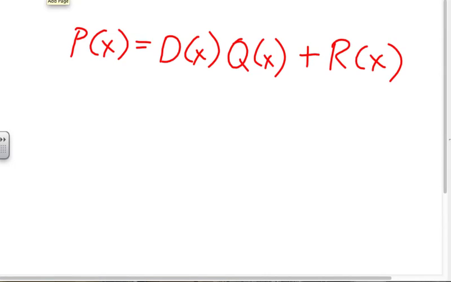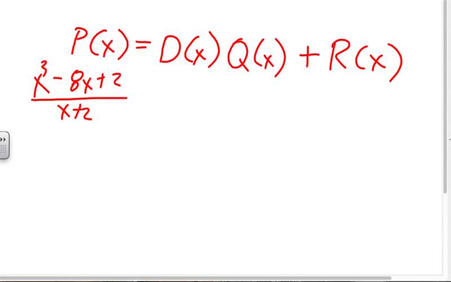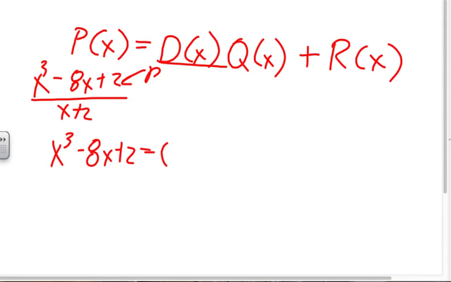So for instance, let's go back up and look at one we did: x cubed minus 8x plus 2 over x plus 3. We have x cubed minus 8x plus 2 equals, that's my denominator, x plus 3.